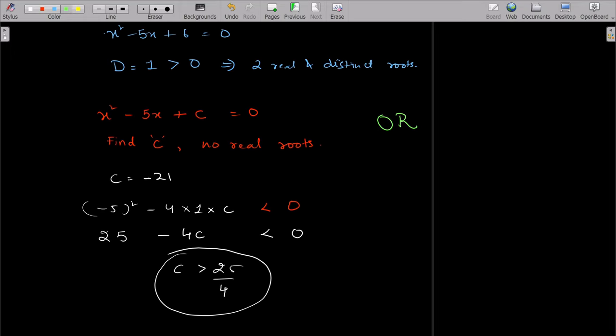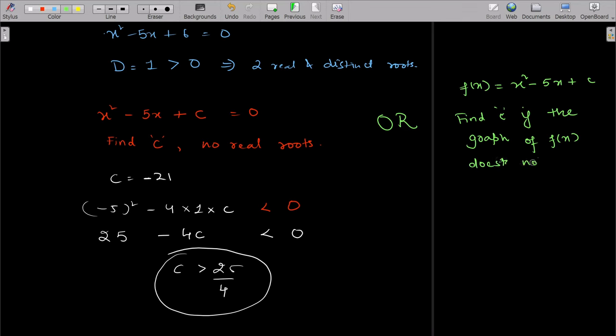That's another way of crafting the exact same question. They'll give you the equation in a function form, f of x is equal to x square minus 5x plus c. Find c if the graph of f of x does not touch the x-axis at all.